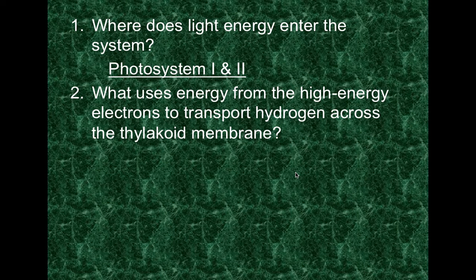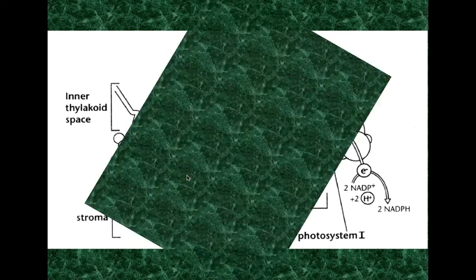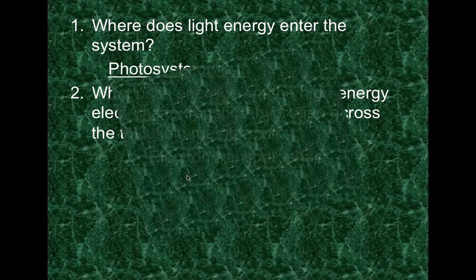What uses energy from the high energy electrons to transport hydrogen across the thylakoid membrane? That is the electron transport chain. You can see on the diagram here that we have this hydrogen moving across, and then we have the light energy coming in at photosystem 1 and photosystem 2. Okay? So those are the light reactions.